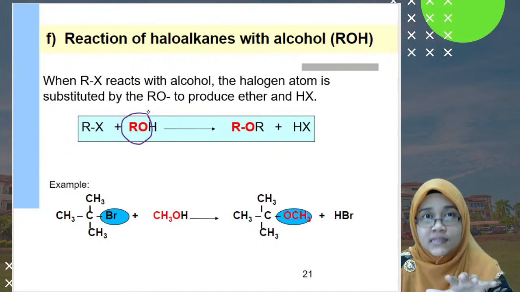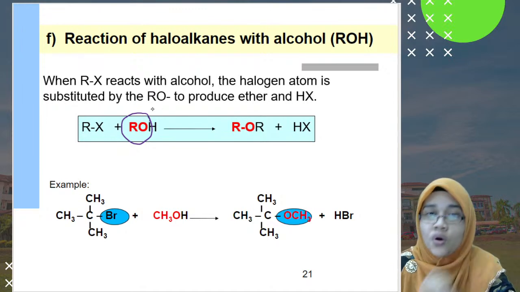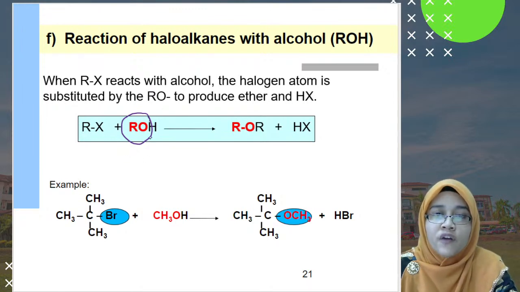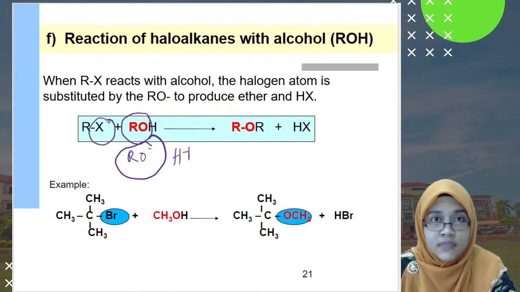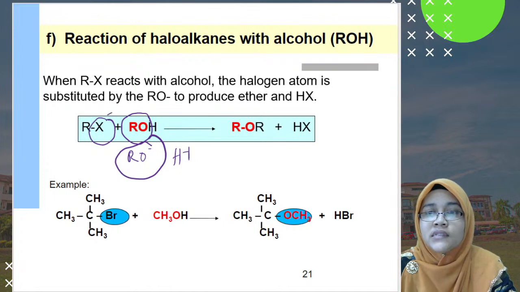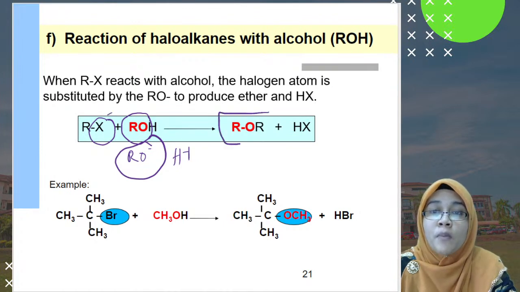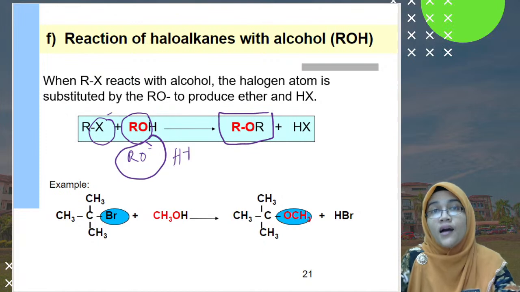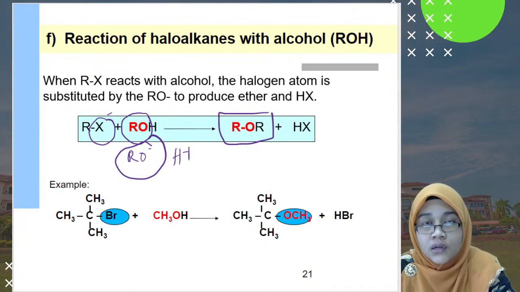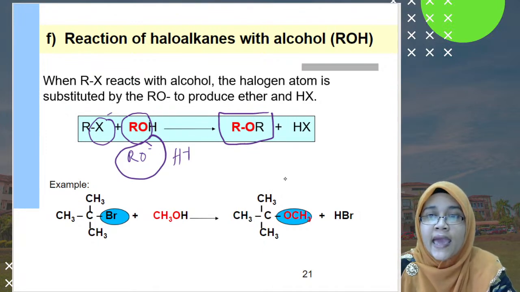So this alkoxide comes from alcohol, RO minus, and we have H plus. When this nucleophile from alcohol replaces the halogen from the haloalkane, we form again an alkoxy compound with a longer carbon chain, and the byproduct here is HX.